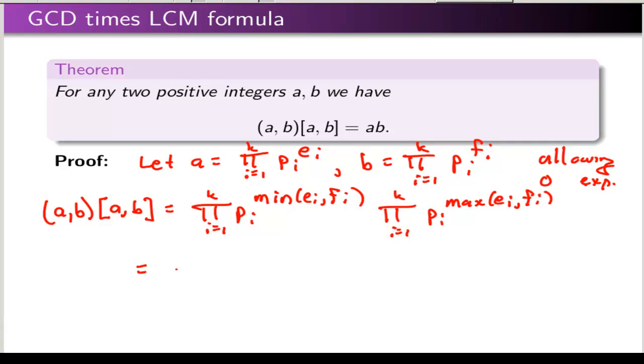Aha! Grouping those terms together, we just add the two exponents, so we'd have p_i raised to the minimum plus the maximum.